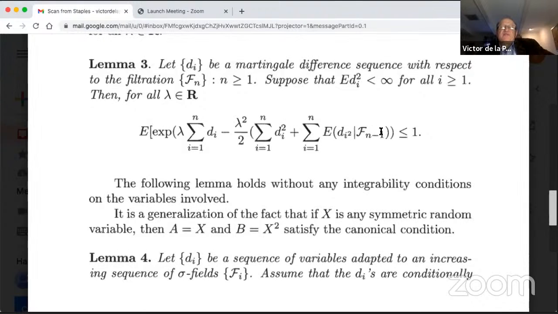So the sum of these two is B squared. So you can again go back and plug it in.